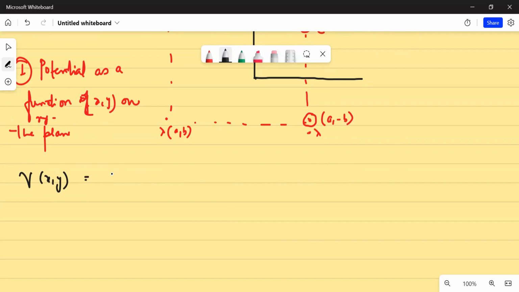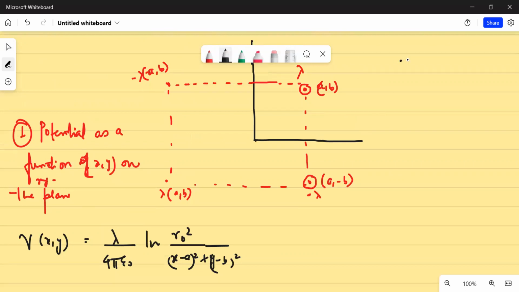It will be lambda upon 4 pi epsilon naught, I think ln of r0 squared divided by (x minus a) whole squared plus (y minus b) whole squared. See, if at any general point x comma y, the distance would be (x minus a) squared plus (y minus b) squared. Is that clear?